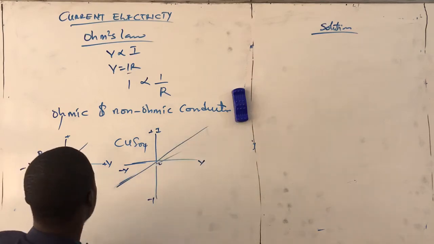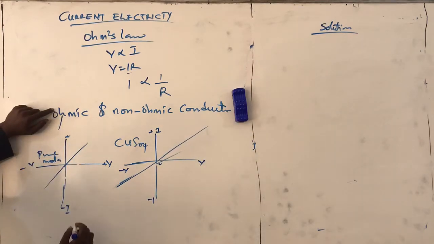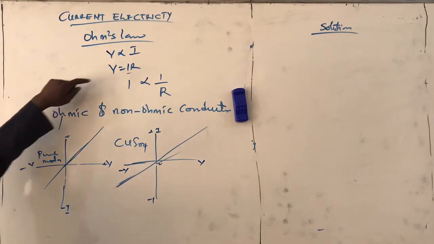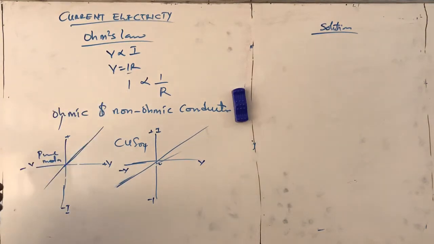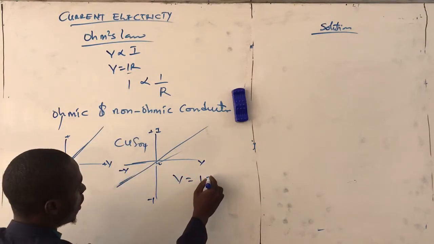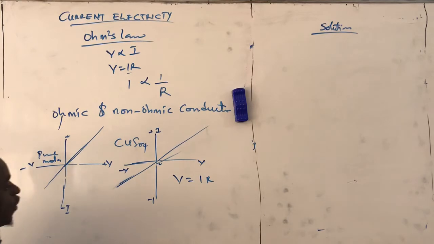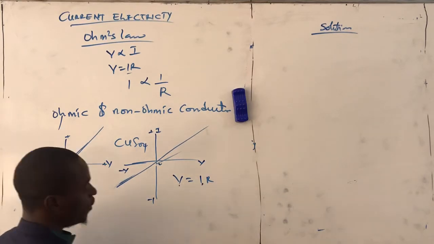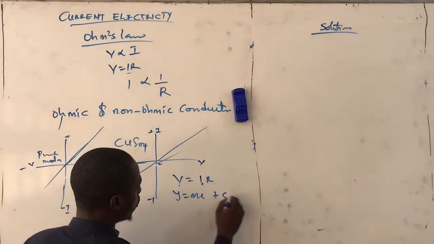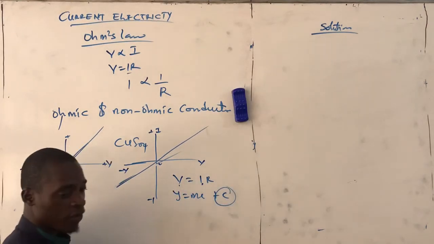It obeys Ohm's law. Because if you look at this one, this is a straight line graph. And we said that V is directly proportional to I, so it means here V is equal to IR. If you are to plot the graph of V against I, if you compare with the equation of a straight line, Y is equal to mx plus C, we see that we are not going to have any intercept.